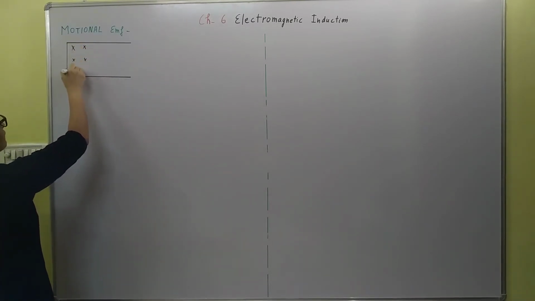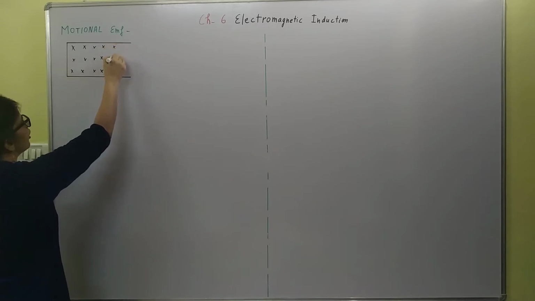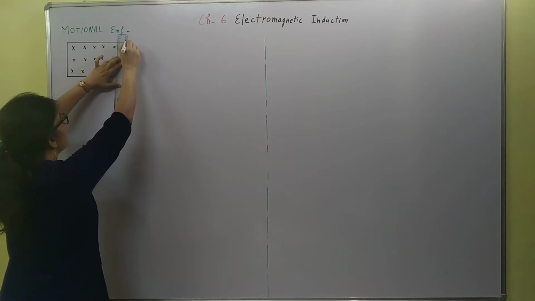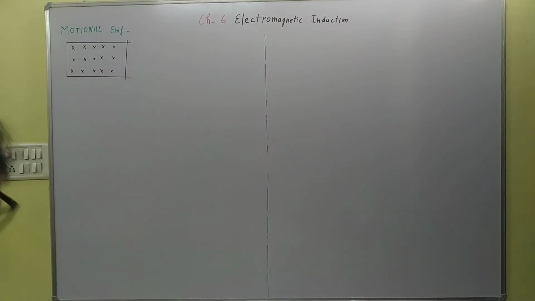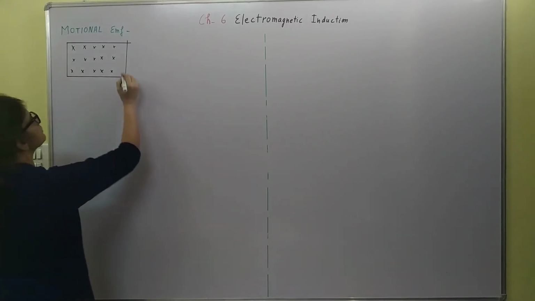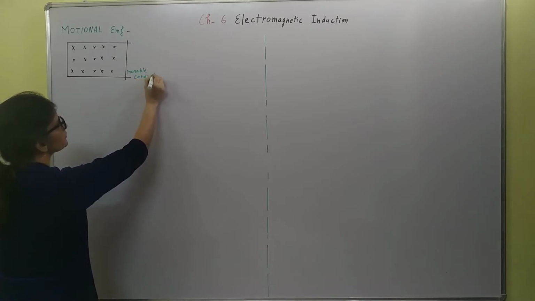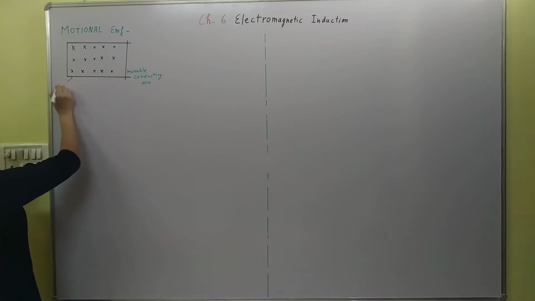This is the magnetic field which is inside the plane of the board, normally inward. And this is the conducting arm which is movable on this rectangular loop. And this is the rectangular loop.